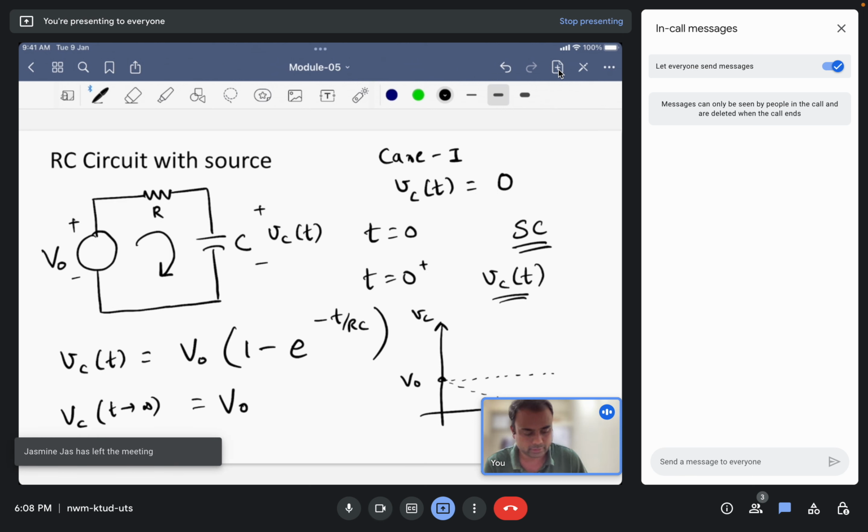So if I use a different color, this will be the voltage curve for Vc, that is, at time equals infinity, a very long time, the voltage drop across the capacitor will be V0.